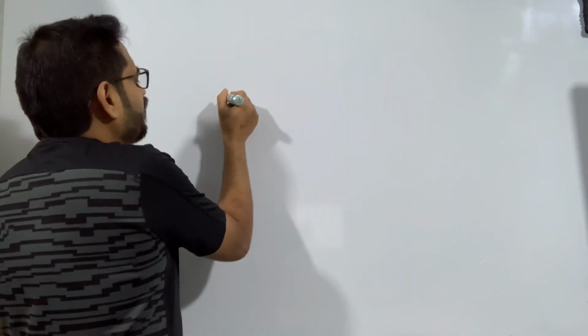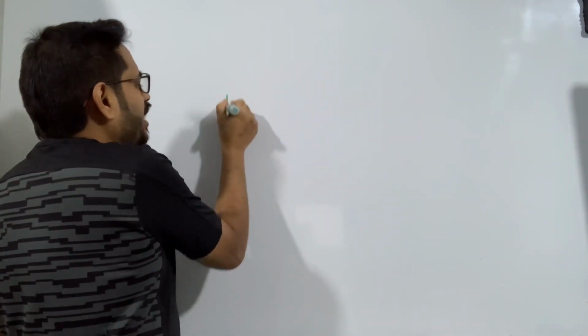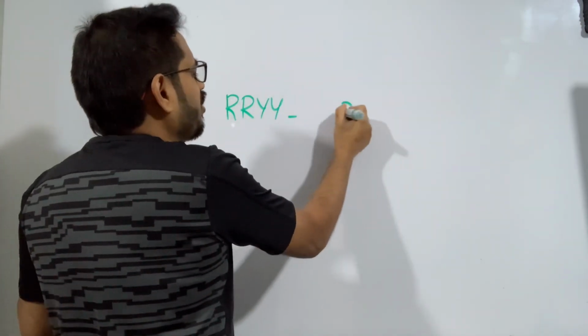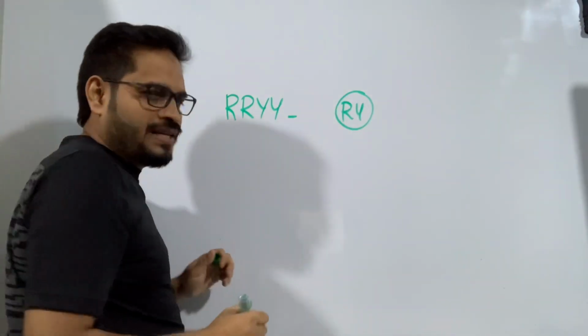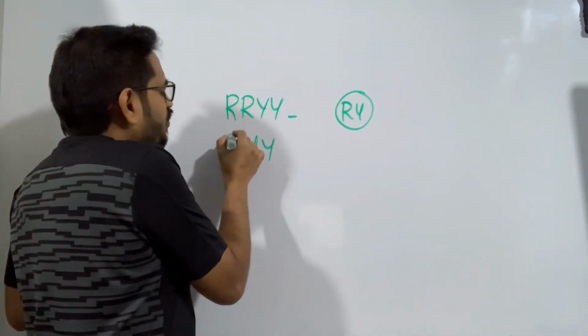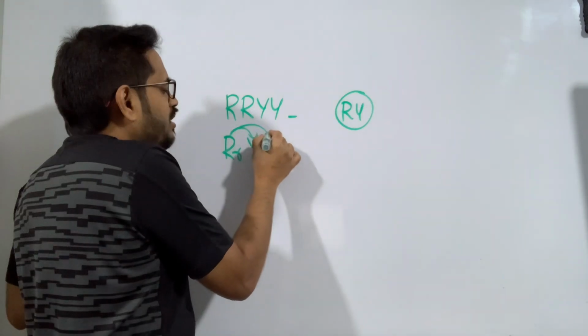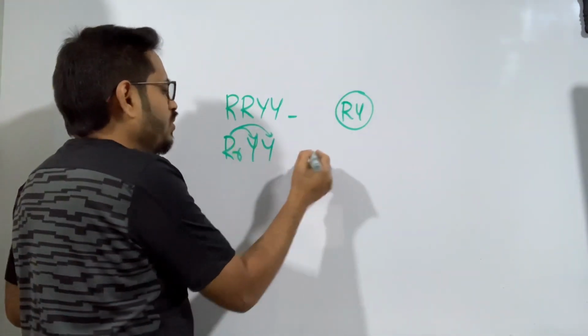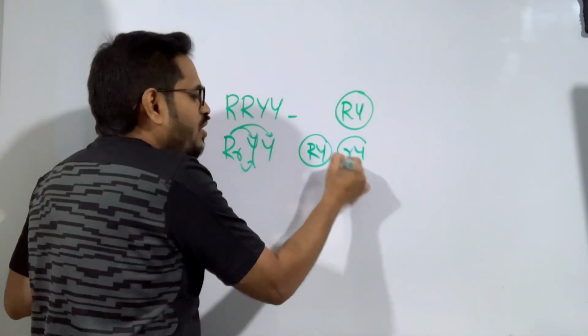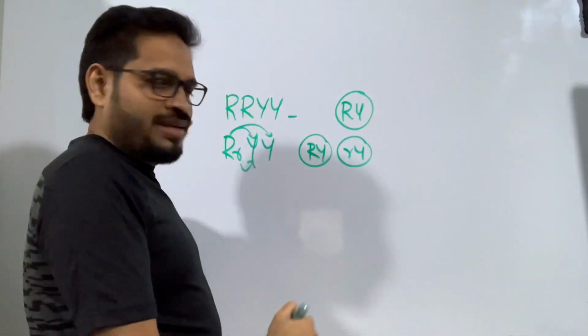If the genotype of the parent is capital R, capital R, capital Y, capital Y, we are going to write only one kind of gamete, isn't it? If we have capital R, small r, capital Y, capital Y, we can have capital R with capital Y. This is repetition, so we take only one, capital R with capital Y, and small r with capital Y. We can have 2 gametes, isn't it?